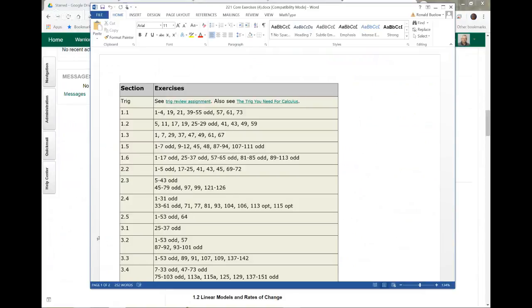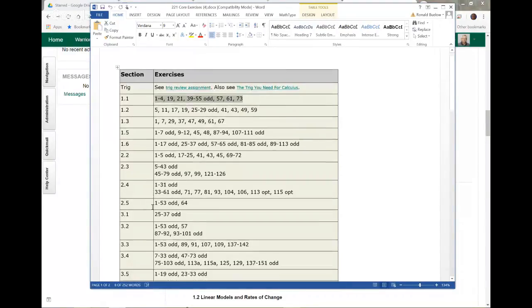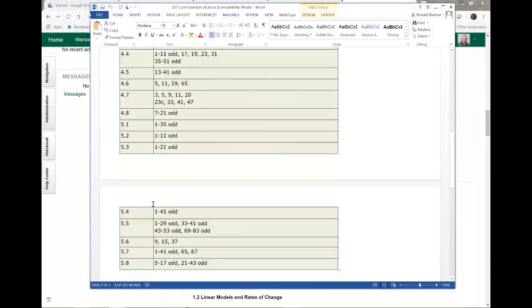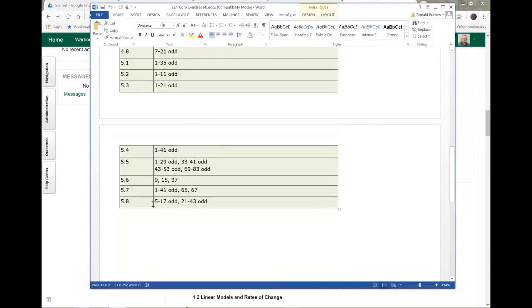I just didn't have a chance to do this for today, but you see right here, the problems from lesson 1.1 that are assigned for you. At a minimum, you want to do those. Likewise, 1.2, 1.3. And it goes all the way down through chapter 5, which is the goal for us to cover this semester.